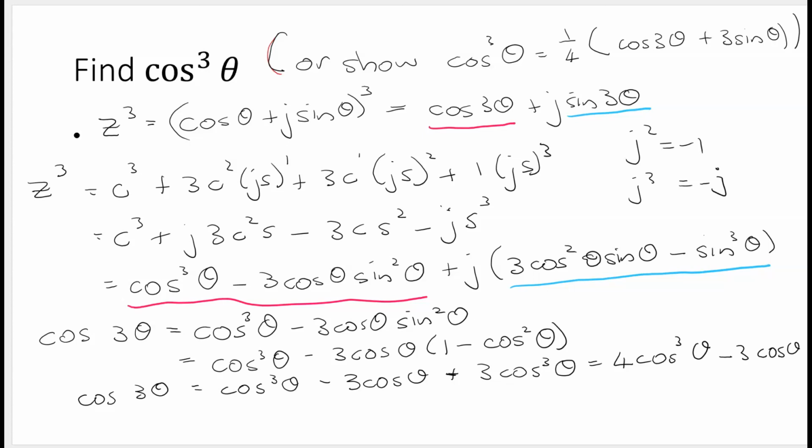All right, we're looking for cos cubed, so by rearranging this, 4 cos cubed theta is going to equal cos 3 theta plus 3 cos theta. We didn't want 4 cos cubed theta, we only wanted cos cubed, so we could say that cos cubed theta equals, okay, divide both sides by 4.